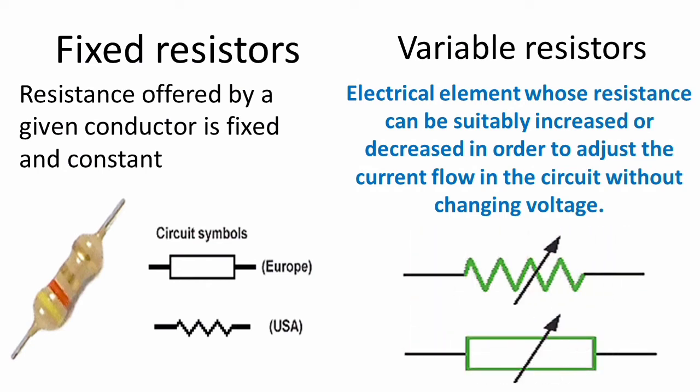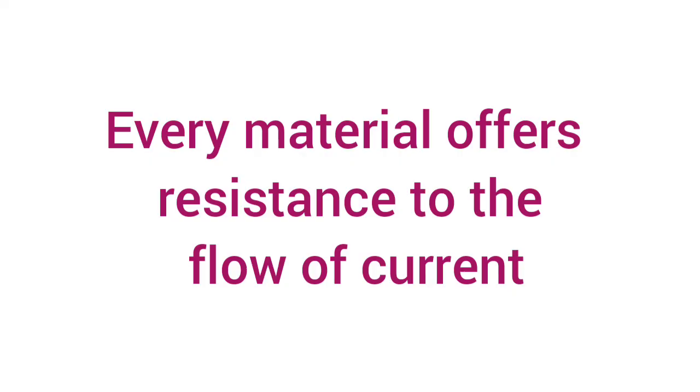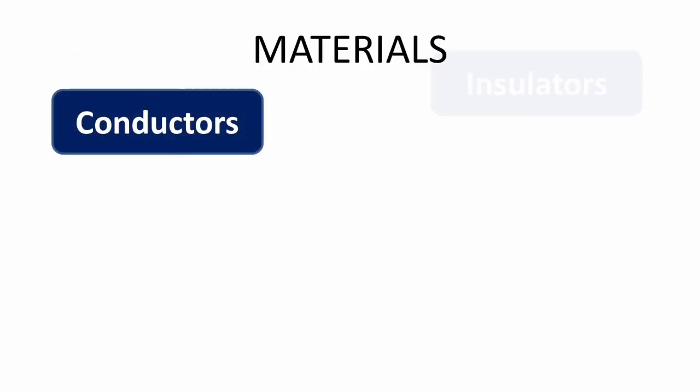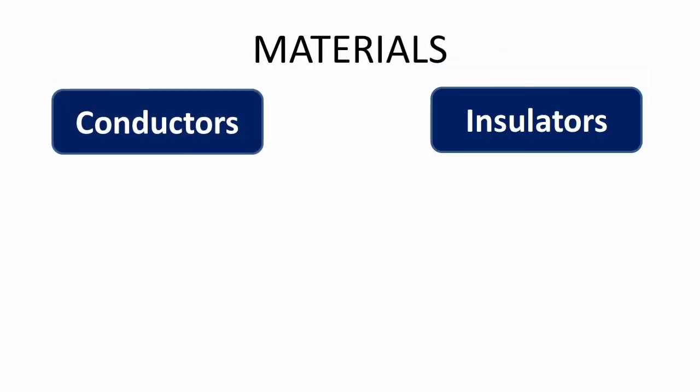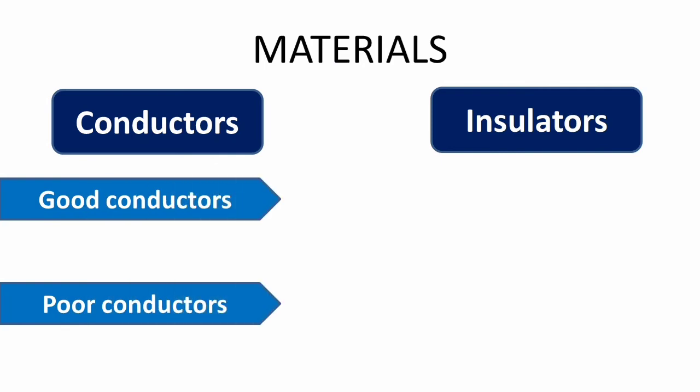As we know now that every material offers resistance to flow of current, based on resistance, materials can be classified as conductors and insulators. Electrical conductors are again classified as good conductors and poor conductors based on the resistance offered by them. If the resistance is very less and it supports easy flow of current like copper, silver, etc., it becomes a good conductor.